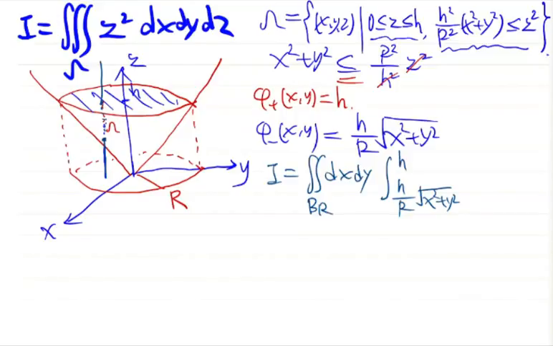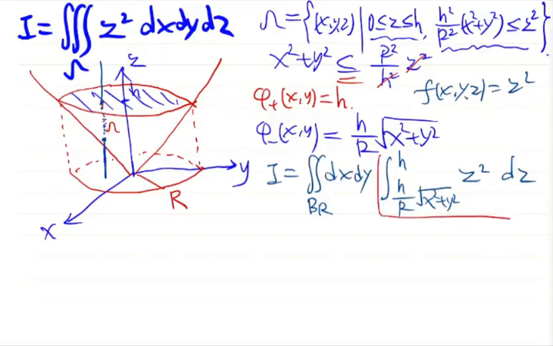Then our function f of x, y, z is z squared, so this is z squared dz. So our triple integral is converted to computing a single variable integral first, and then computing the outer integral, that is a double integral. The dimension is reduced. The computation is quite tedious. I will not proceed, but I strongly suggest you complete this computation after class.